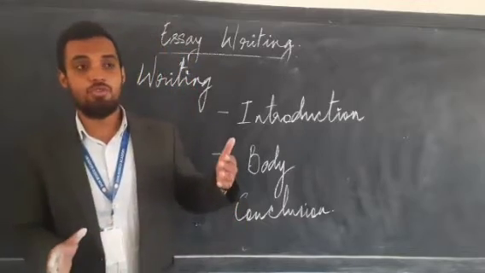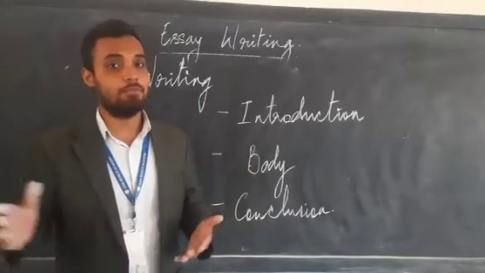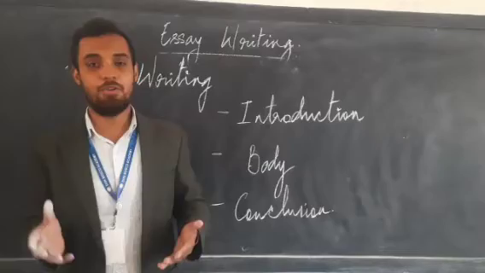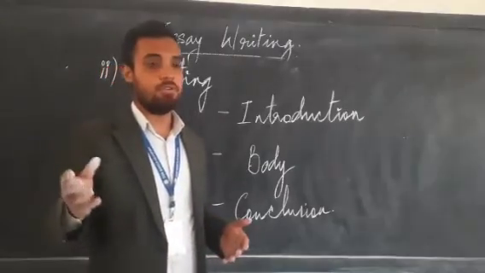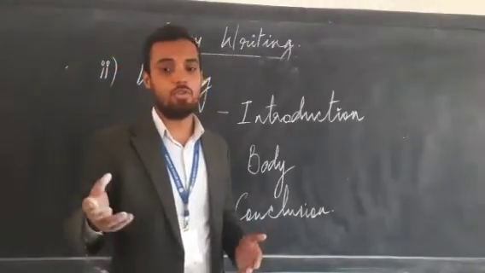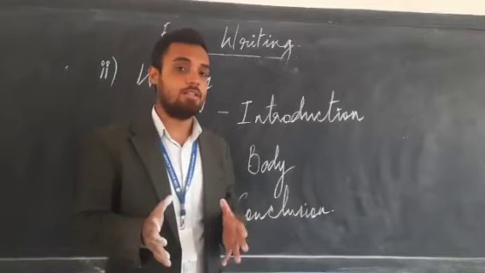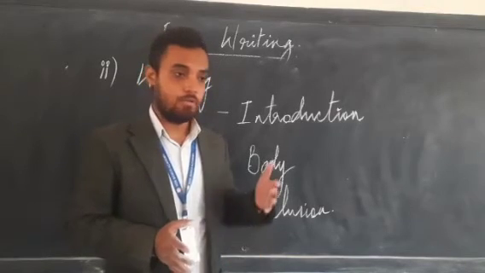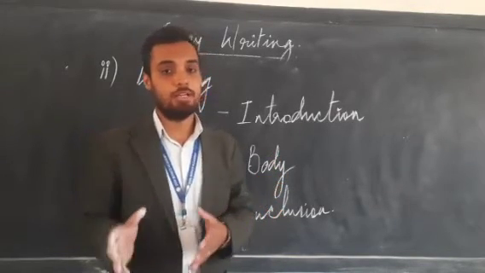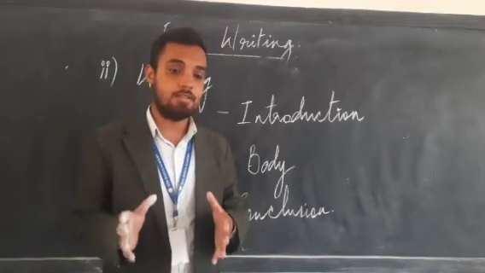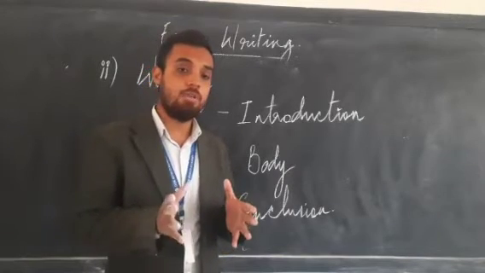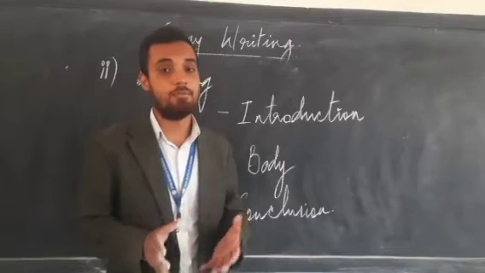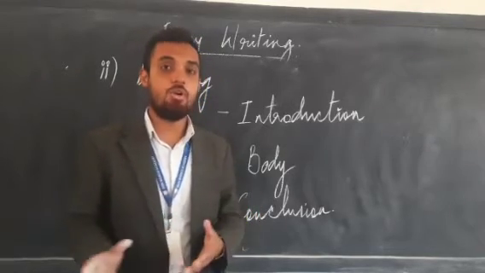Suppose you are writing 40 to 60 words for one point, and for another point you are writing 10 or 20 words. That is the biggest mistake you make. You have to see the word limit, think about how much description is needed for a point, then go on orderly.